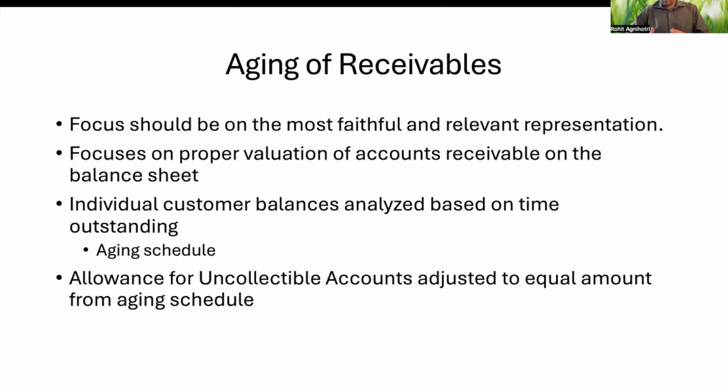If your accounts receivable balance is $100,000 and you know as a manager that in a certain year $20,000 you will not be able to collect, then the net amount that you should be reporting is $80,000, not $100,000, because those $20,000 might not be paid.